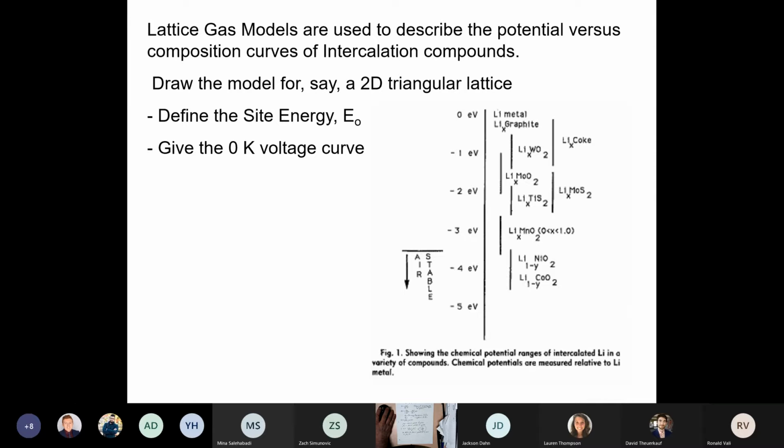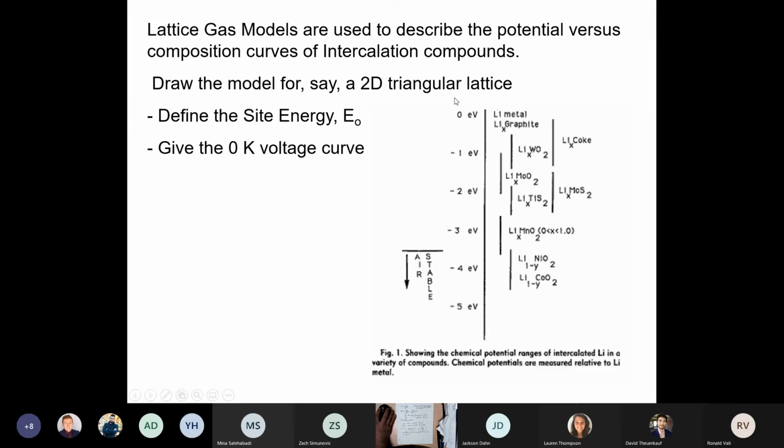For example, in titanium sulfide, there's sulfur, titanium, sulfur slabs. And in between those slabs, there's places that lithium can be put. And the lithium goes onto the octahedral sites. And those octahedral sites make a close packed layer, which is a two-dimensional triangular lattice, which I'll draw in a minute. Okay?